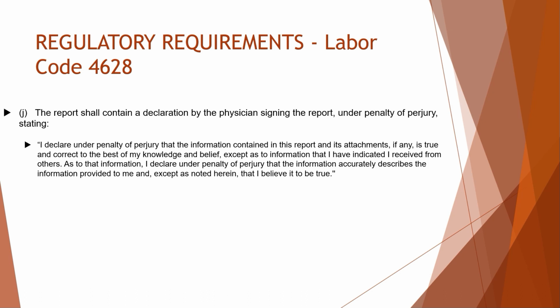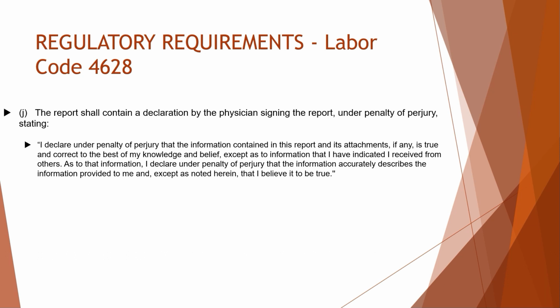What does this mean? I declare under penalty of perjury that the information accurately describes the information provided to me. Recall earlier in one of our labor codes or one of our regulations, we were required to list and summarize the information that we received from the parties. Well, is it permissible to review some medical records but omit listing and summarizing some of those medical records?